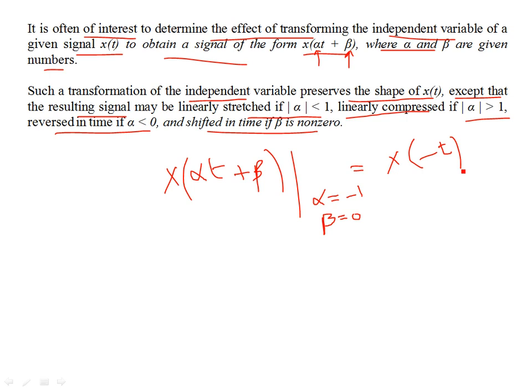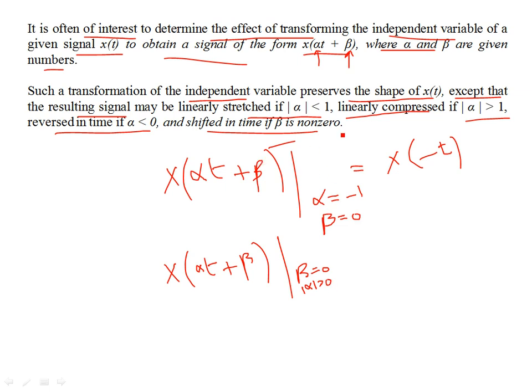Similarly, alpha is a positive quantity, and beta is 0. If the magnitude of alpha is greater than 1, then it simply means you are compressing the signal, right?